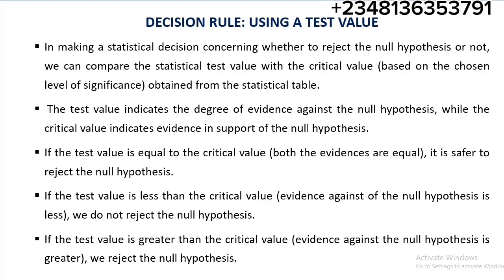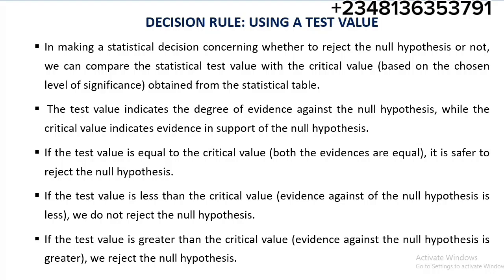Now, the decision rule using a test value. In making a statistical decision concerning whether to reject the null hypothesis or not, we can compare the statistical test value with the critical value based on the chosen level of significance obtained from the statistical table.